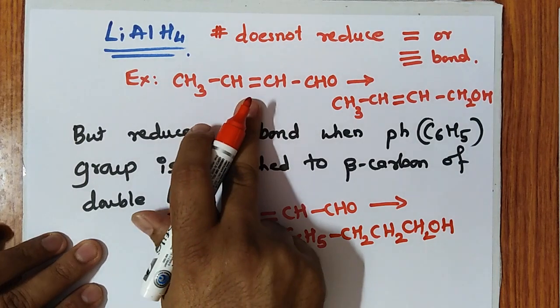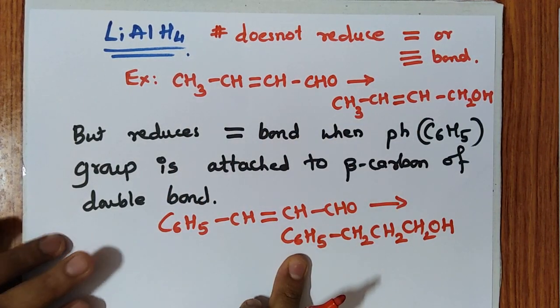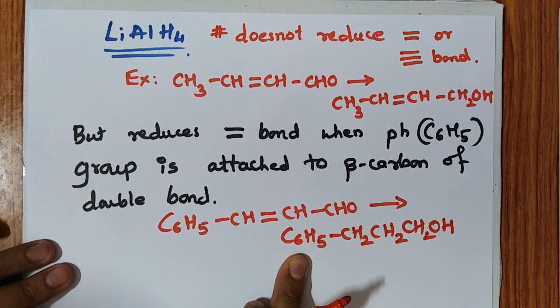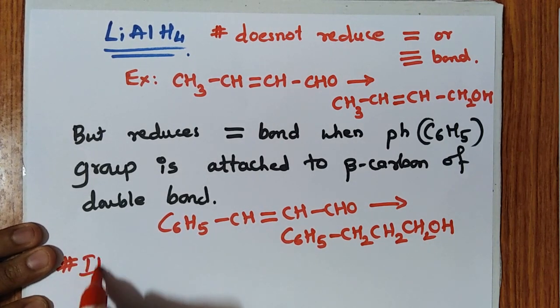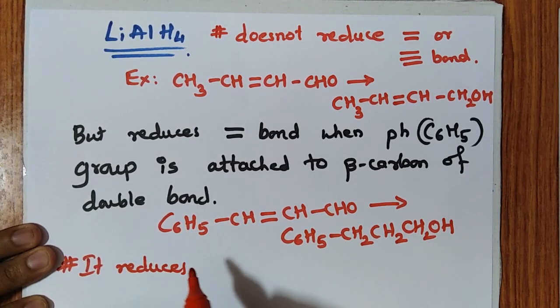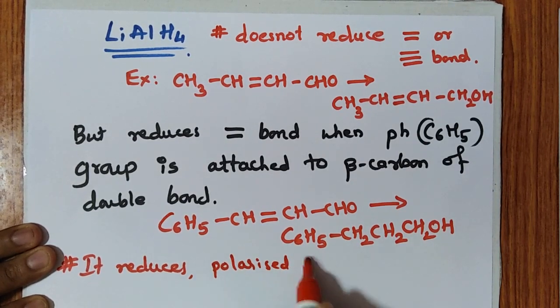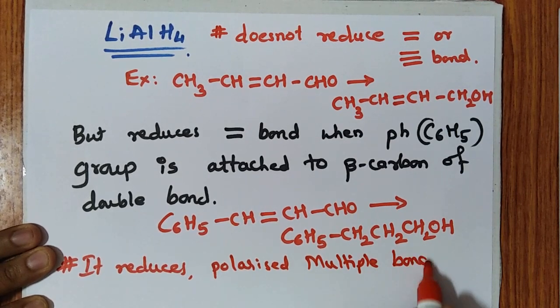Here you can see this double bond is not reduced, but here you can see this double bond is reduced when the C6H5 group is present. So generally you remember it as it reduces polarized multiple bond. Remember, it will reduce polarized multiple bond.